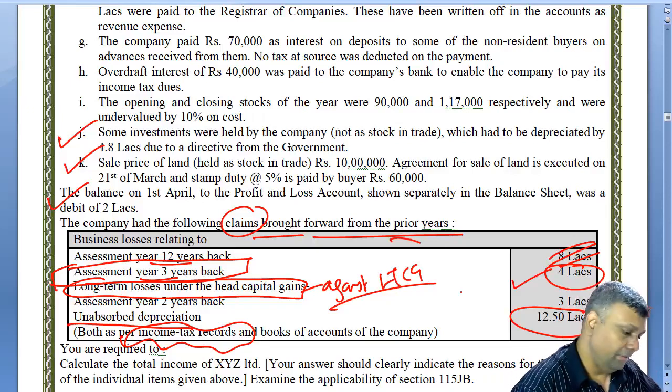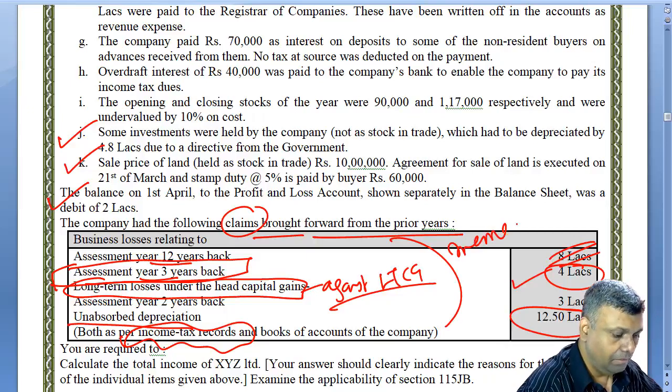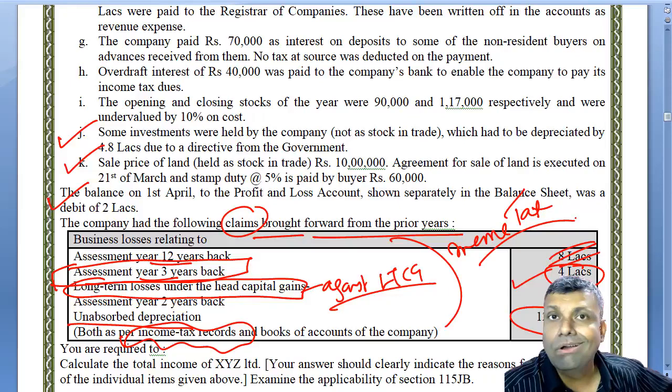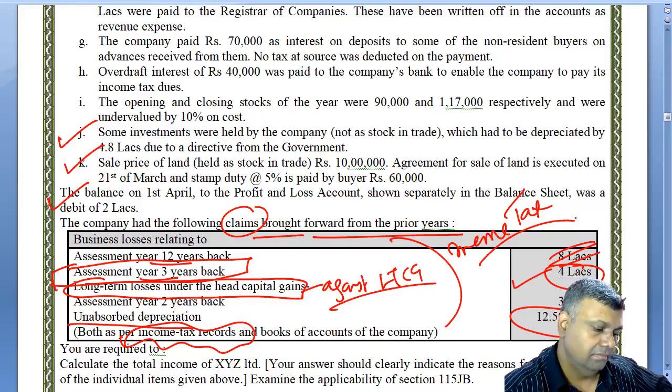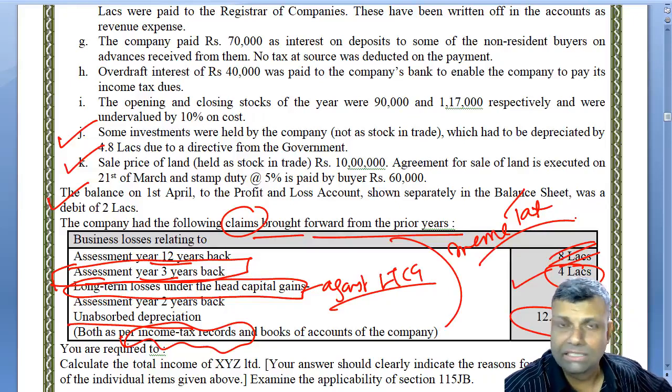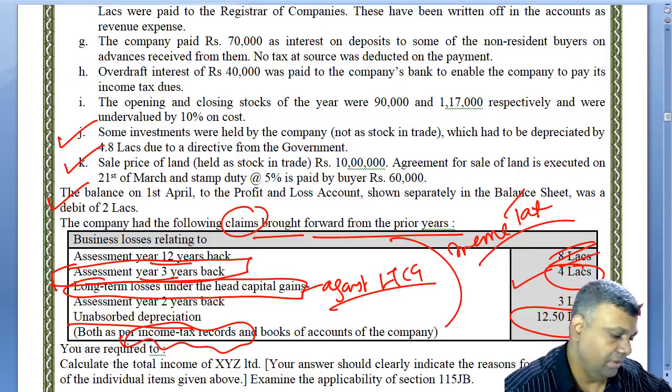So the 8 lakhs will not come into calculation because the time has lapsed. It is an expired loss. 4 lakhs, yes. 2 lakhs long-term capital gains we don't have, so we cannot set it off. And unabsorbed depreciation we have to consider.